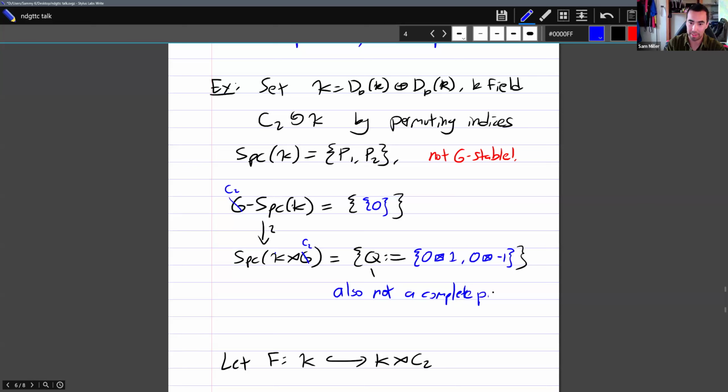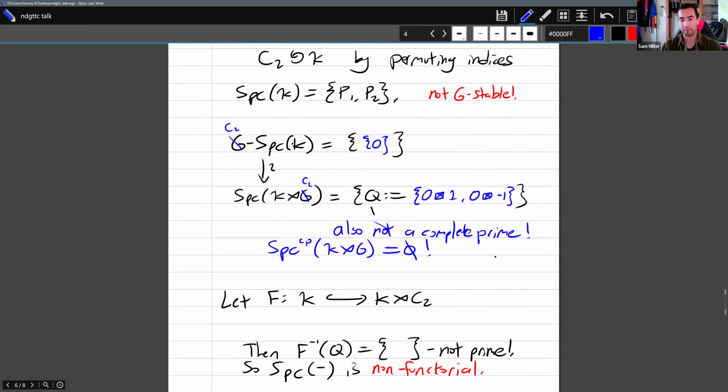One way you can see this as well is seeing that there are a number of elements that are nilpotent of order 2. You just multiply it with itself, you just get 0. And so necessarily then we have that spec CP of KG is the empty set, since this is only one element and this is not a complete prime.